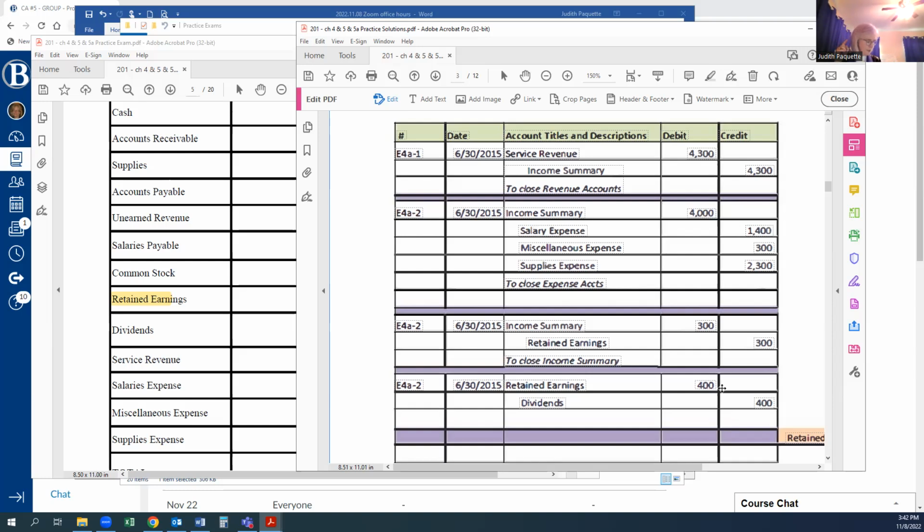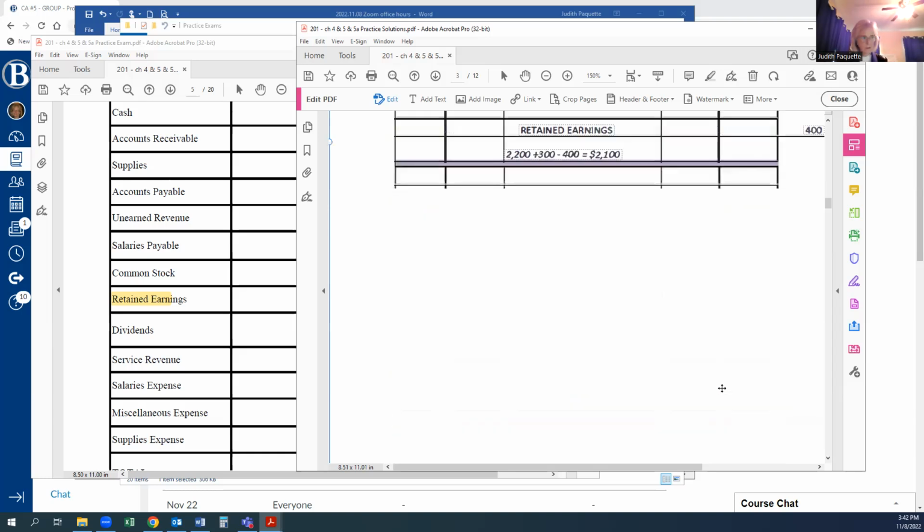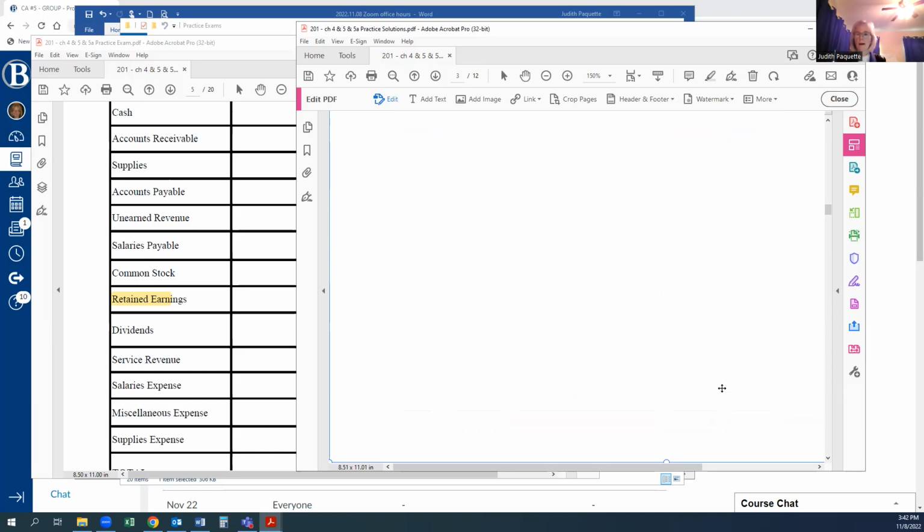We had a credit beginning balance, 2,200. We had 300 credit, and we had 400 debit. What's the ending balance for retained earnings?